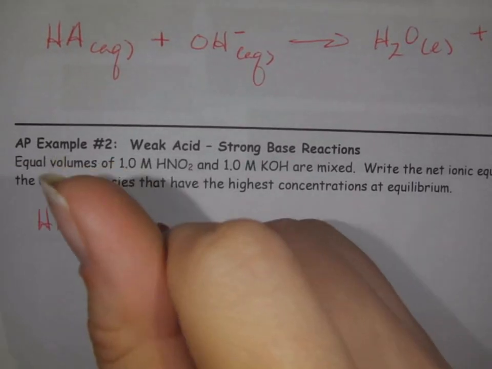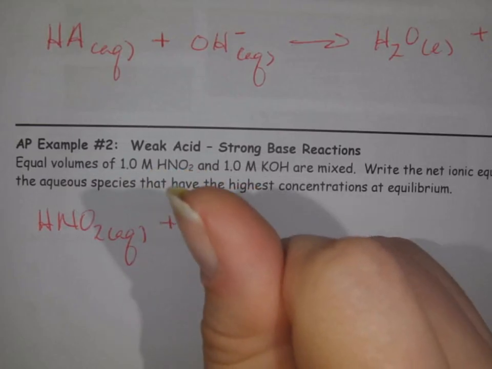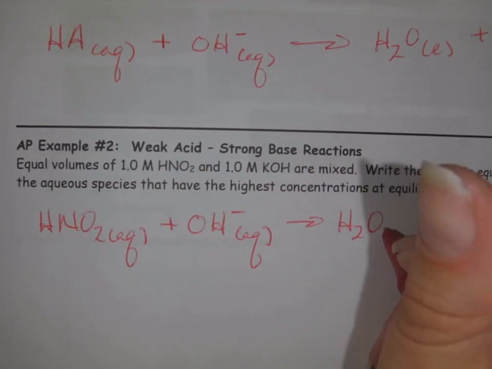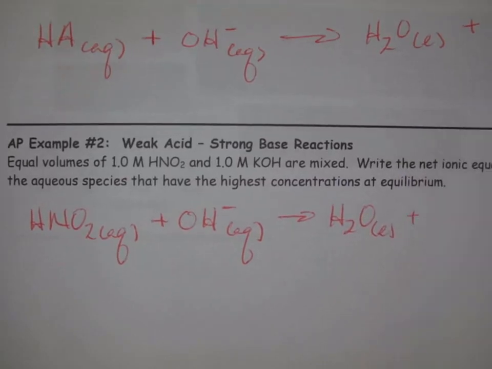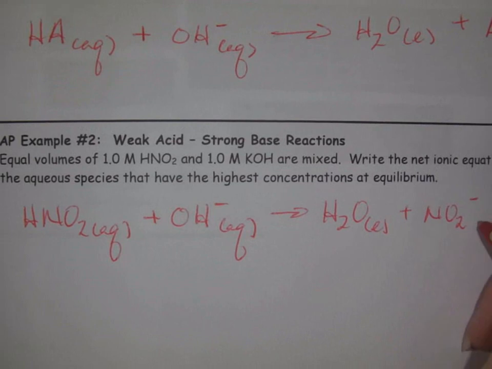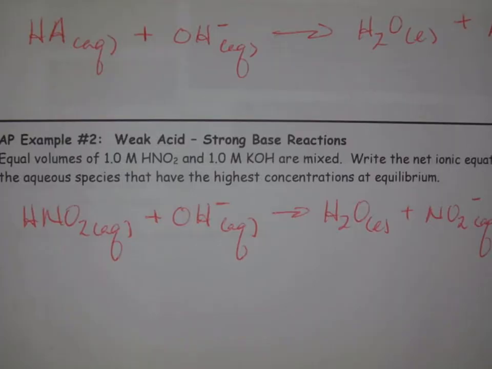And then my strong base, so I do break it apart and I only keep the hydroxide. And then we're going to get water, liquid, and then NO2 minus, aqueous. Okay. Identify the aqueous species that have the highest concentration at equilibrium.